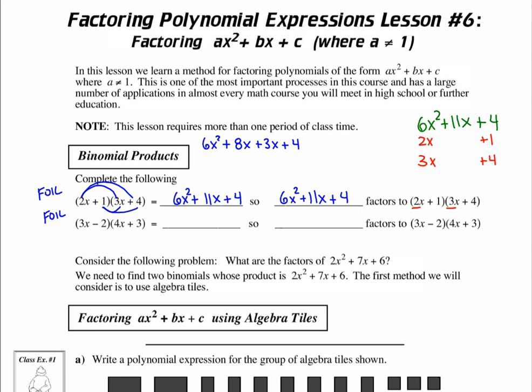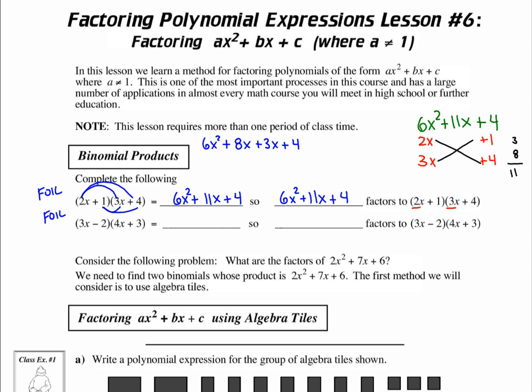Do you see how 1 times 4 gives you this one here, just like before? 1 times 4. Right? Now, the diagonals. A little bit more complicated, but 2 times 4, what's 2 times 4? 8. 3 times 1, 3 gives you the 11, the middle term.